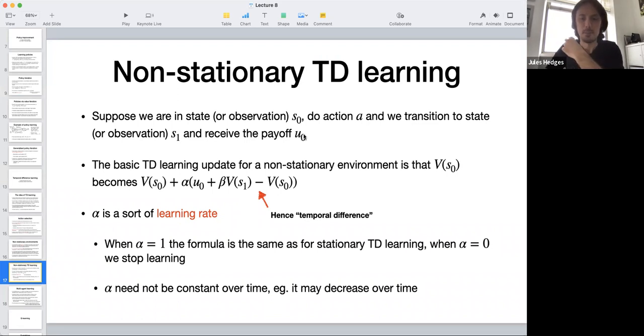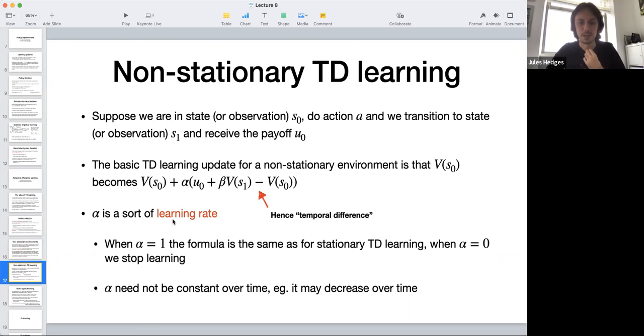The basic update that we can do is, whatever was our estimate of the old state, we can increment it by this thing, where we have U0 plus the discounted value of the new state minus the value of the old state, but all of this is scaled according to some other parameter. And this is a sort of learning rate or step size.